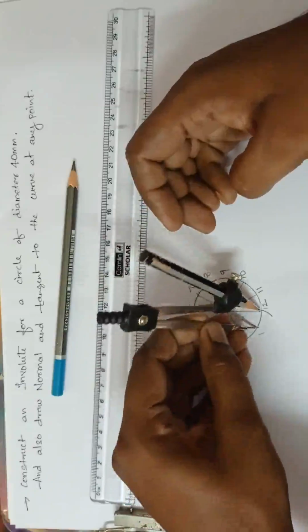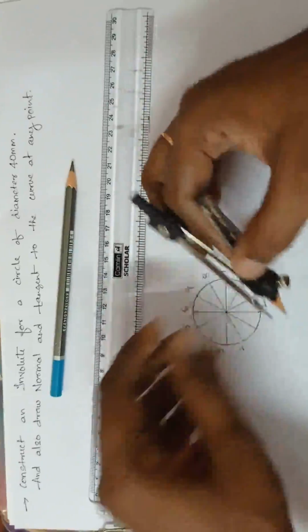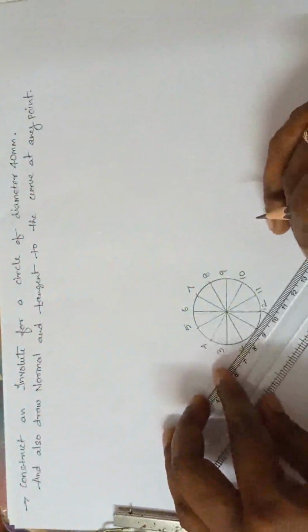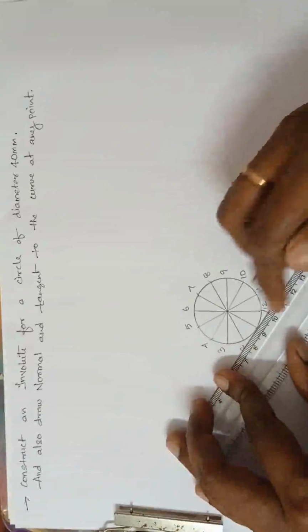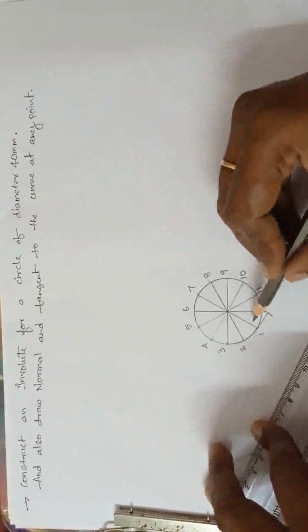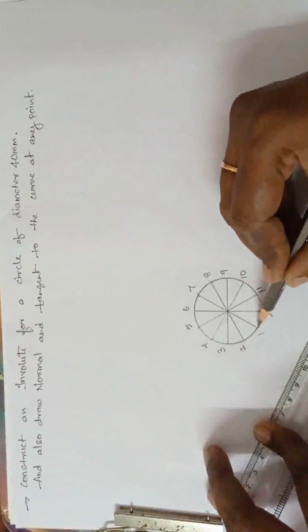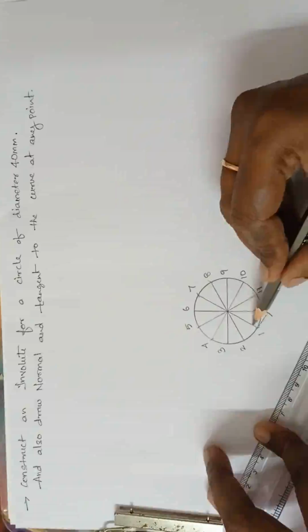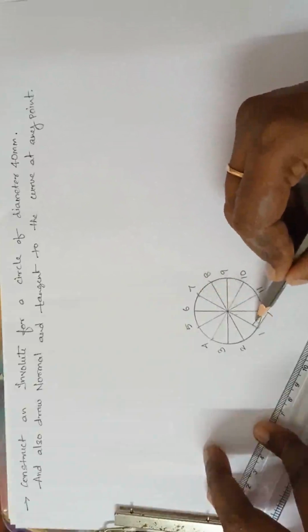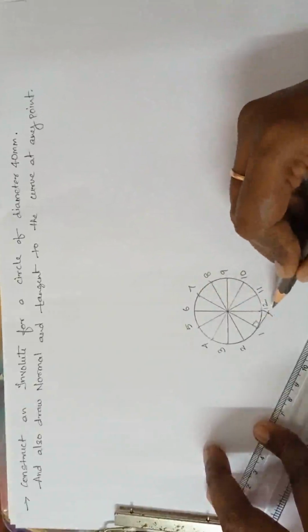Now I am drawing a line from 1 such that this line is tangent to the circle, so the line 1 and 7 makes 90 degrees, and mark this as P1.